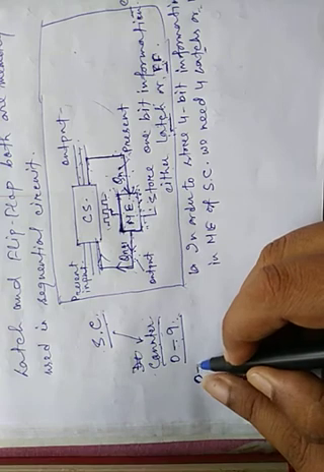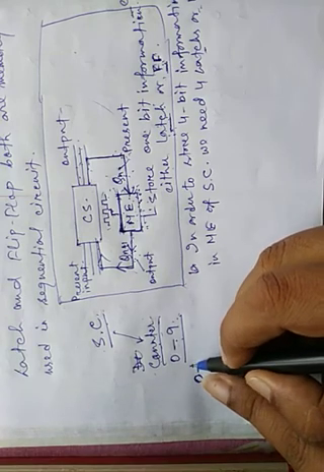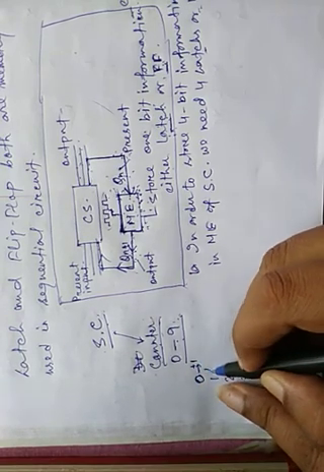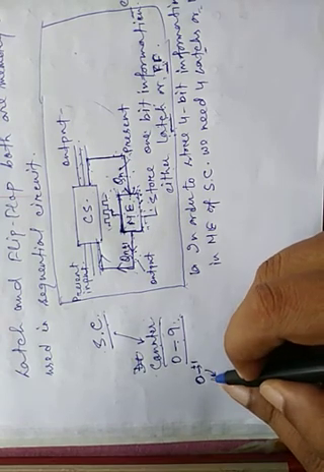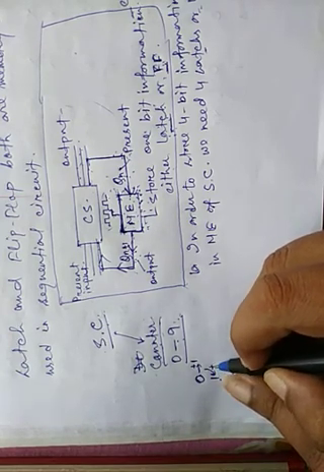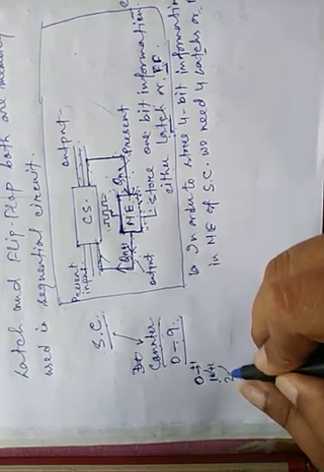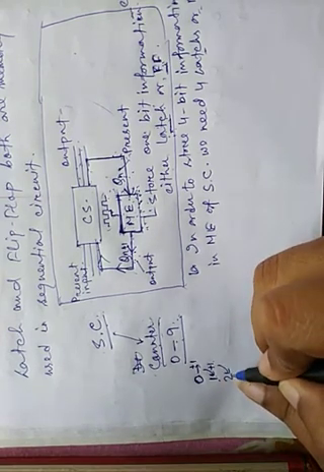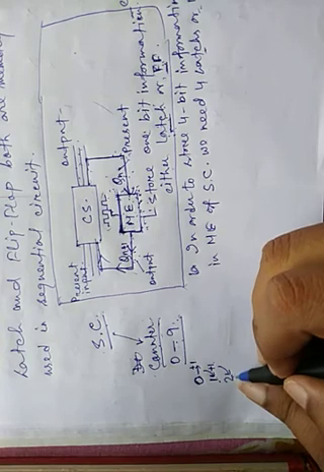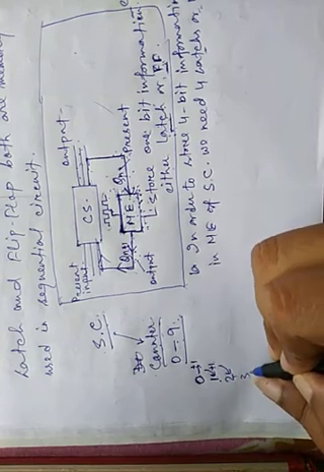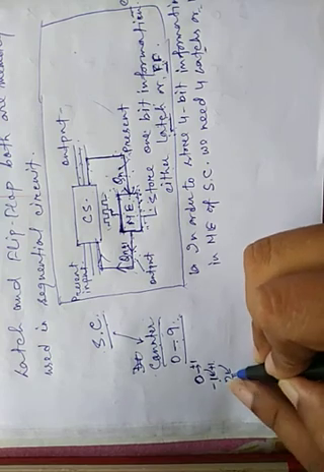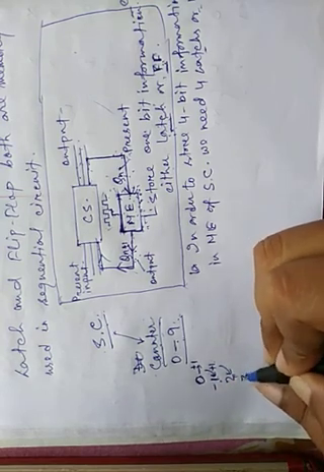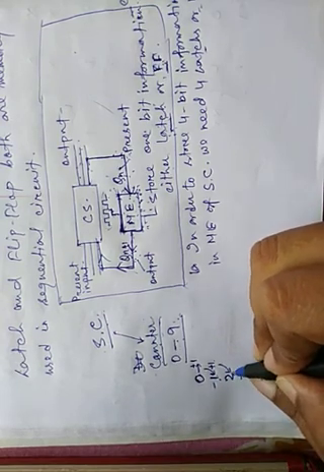To 0 we add 1 to get the next state. Again, to this next state we add 1 to get the output. To get 3, we add 1 to the previous value.